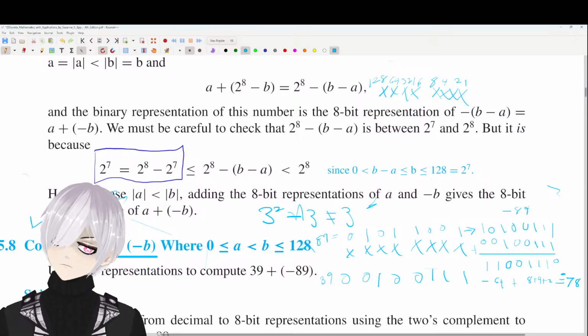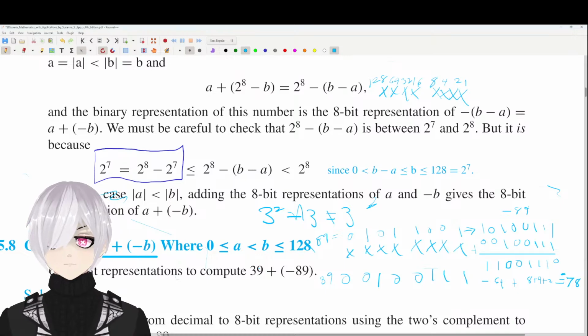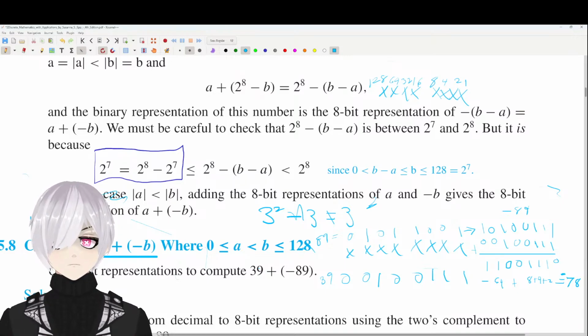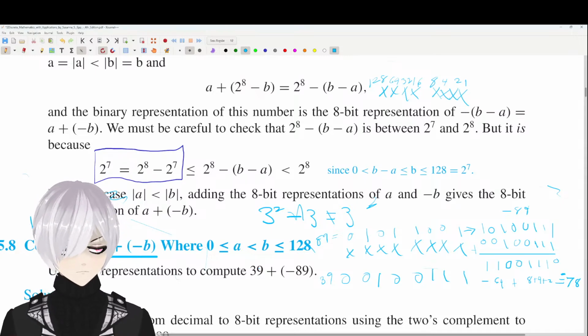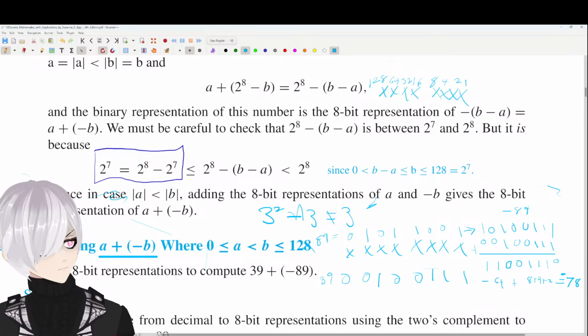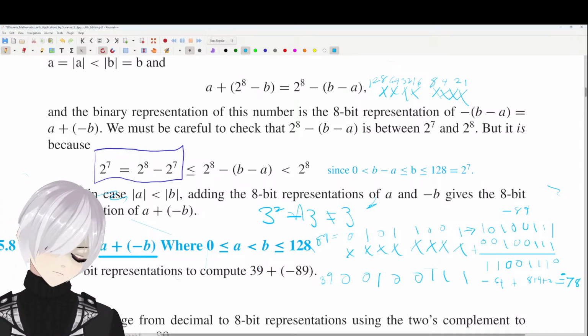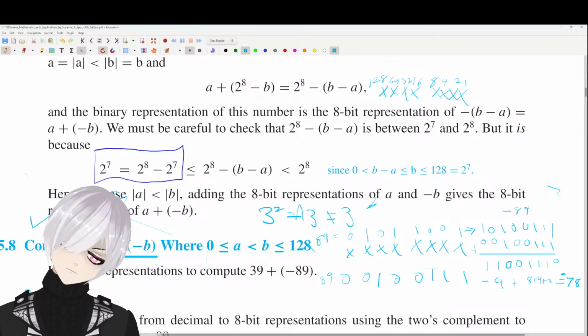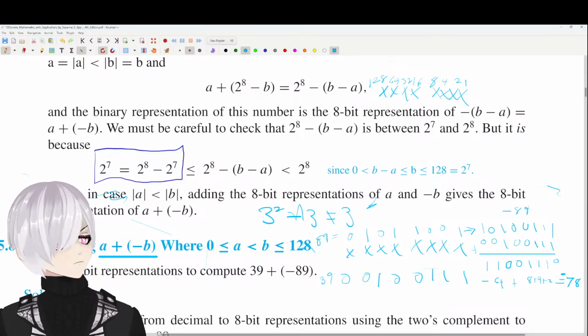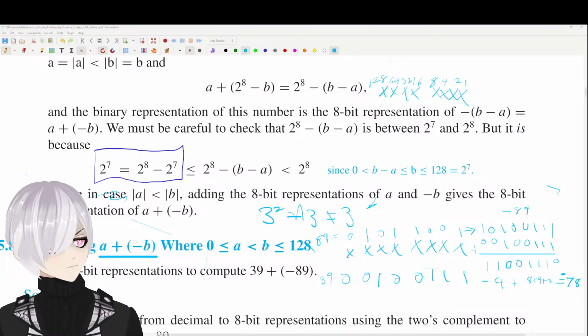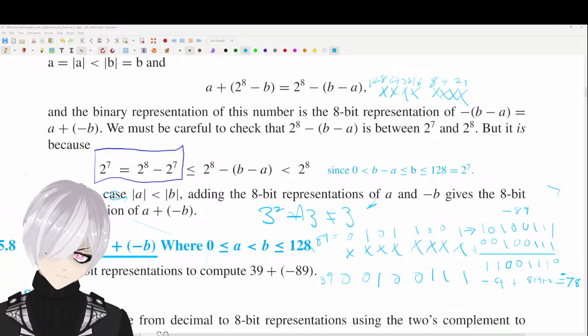So this one begins with a 1, so it represents a negative integer. But we can't just convert right from that to decimal, because the representations of negative integers are 2's complements. So we need to convert back to the original integer. This representation is the 2's complement of the negative integer's absolute value, so to get back the absolute value, we have to take the 2's complement of this.